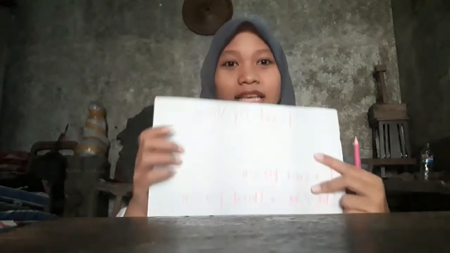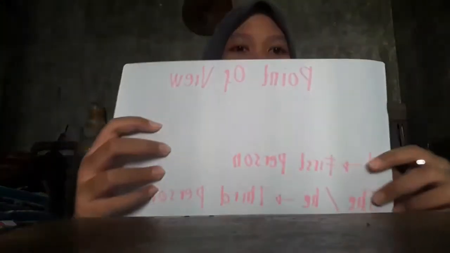After that, this is point of view. Point of view describes from which character's perspective the story is presented to the audience, and don't forget to be confident. Okay, let's see this.